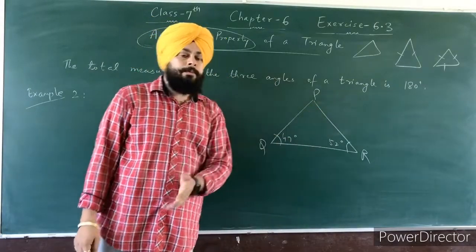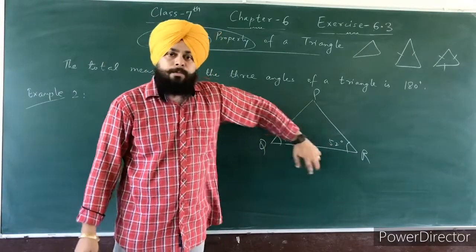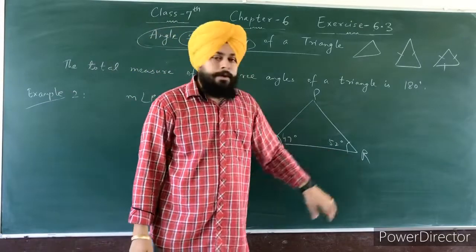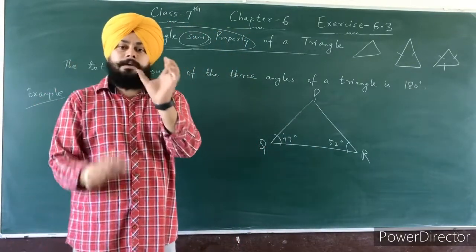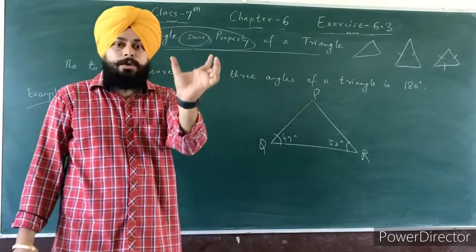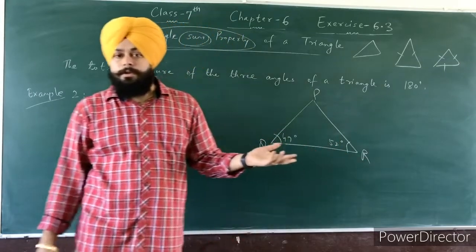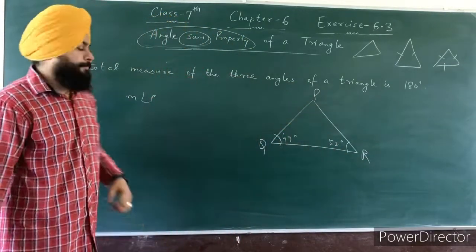So what can we do? First add both angles, angle Q plus angle R. After adding, subtract it from 180 degree. From the total sum 180 degree, minus the measure of these two. Then we find the measure of angle P.